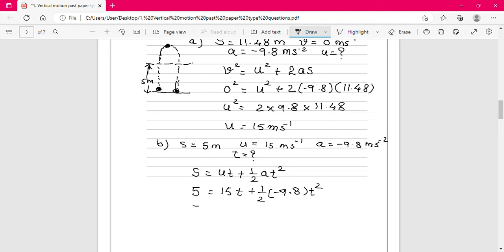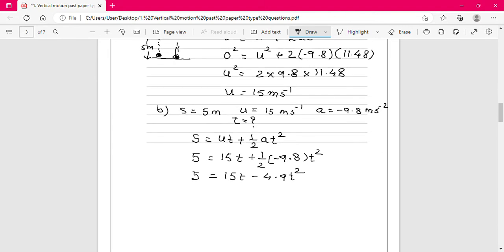So, 5 is equal to 15t minus 4.9 t square, which gives 4.9 t square minus 15t plus 5 equal to 0.